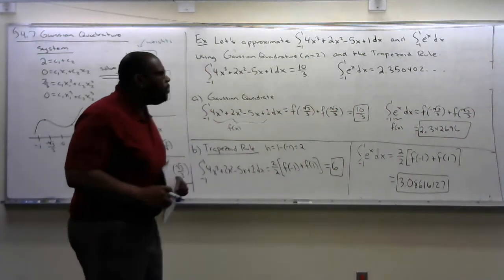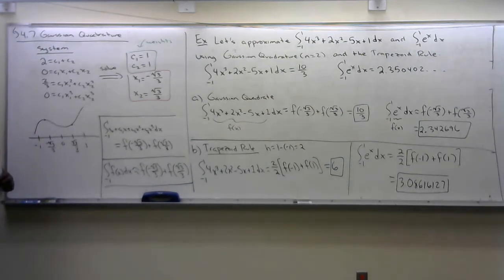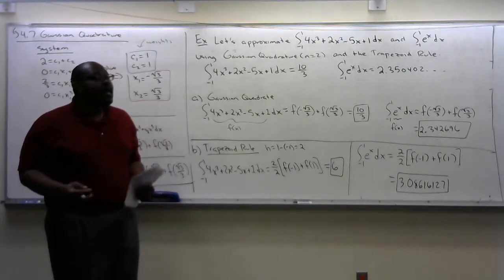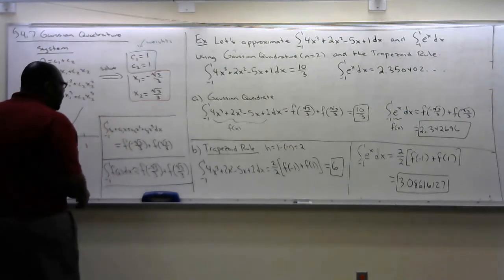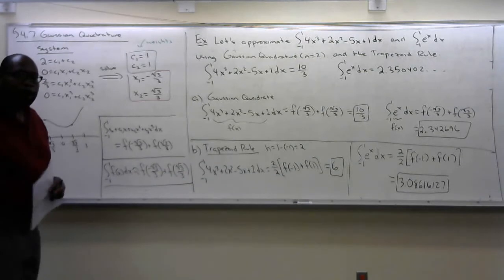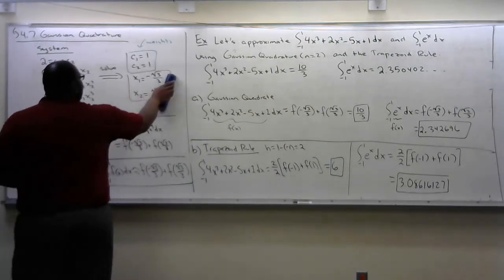So this is the idea behind Gaussian quadrature, and it's a trapezoid rule. And this is Gaussian quadrature where n is equal to 2. There is a Gaussian quadrature for n equal to 1. Does anybody know what that is? Gaussian quadrature for n equal to 1 is actually the midpoint rule.